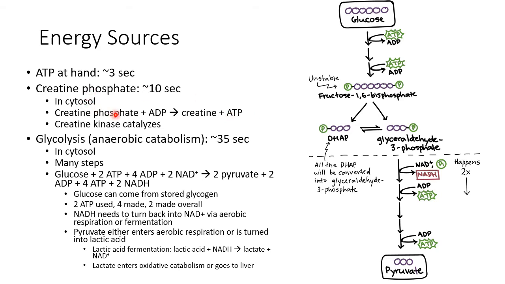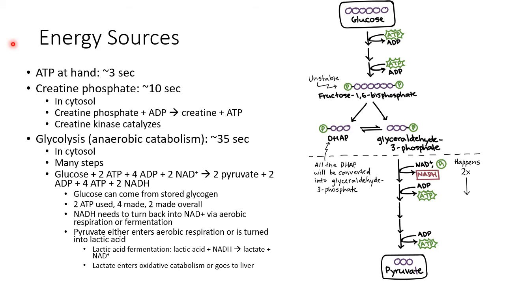So you're just transferring a phosphate group from creatine to ATP. That gives you just creatine left over. With that creatine, you can either later reattach another phosphate group to it, so you can do this again, or you can convert it to creatinine, which would be eliminated as a waste product by the kidneys.